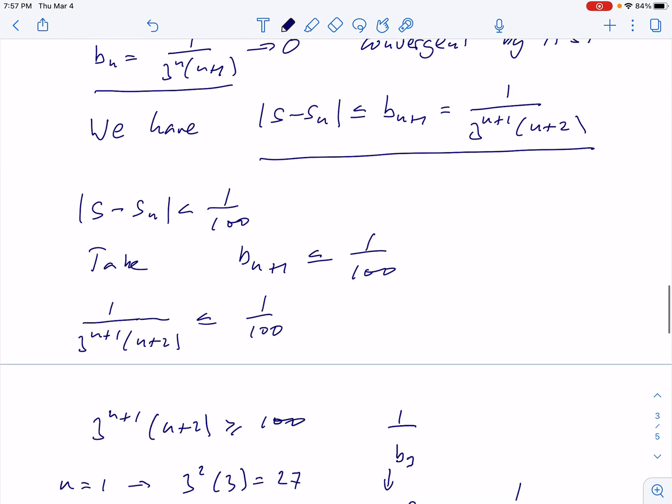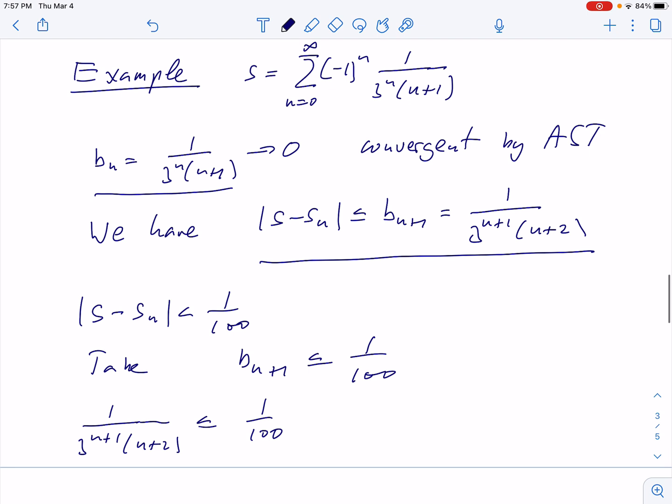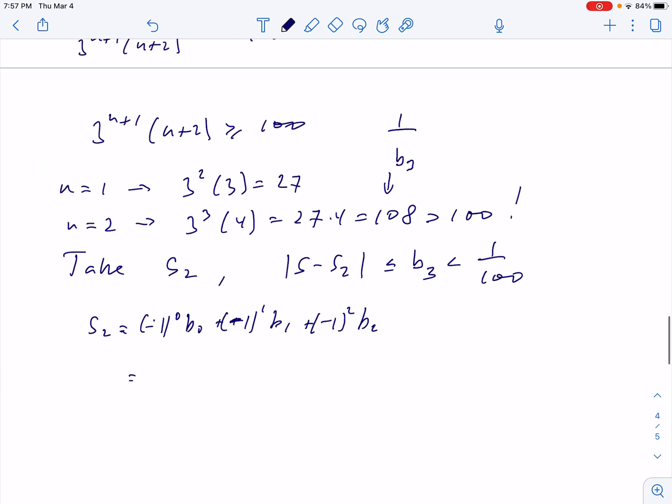The very first one, when n equals 0, is just 1. Then we have minus 1 over 3 times 2.